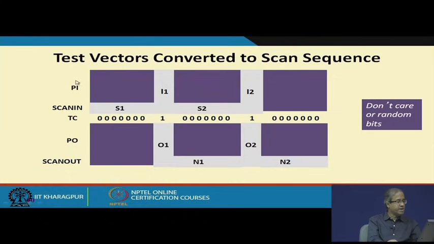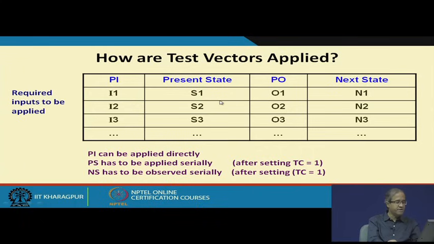So, I am showing the inputs and outputs of the circuit on one side. PI are my inputs, scan in is a single input, TC is a single input, PO are my outputs, scan out is another output. Now, you refer to this table. For the first test vector, I have to apply I1 S1, I am expecting this O1 N1 as the output, right.